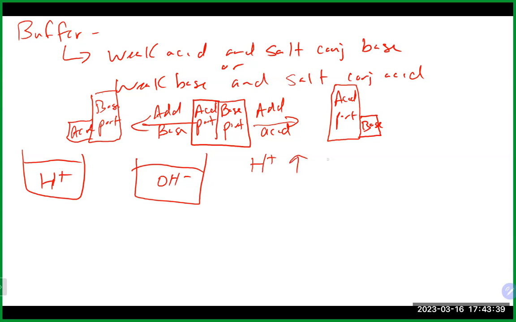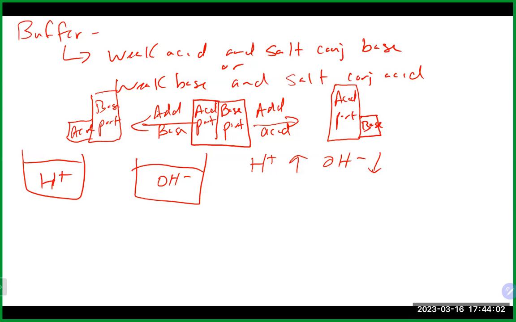As one goes up, the other goes down, and vice versa, obviously. So by preventing any more free H+ in the solution or any more free OH- in the solution, it basically allows the H+ concentration that you started with to remain relatively constant. And that's really why your pH stays relatively constant.